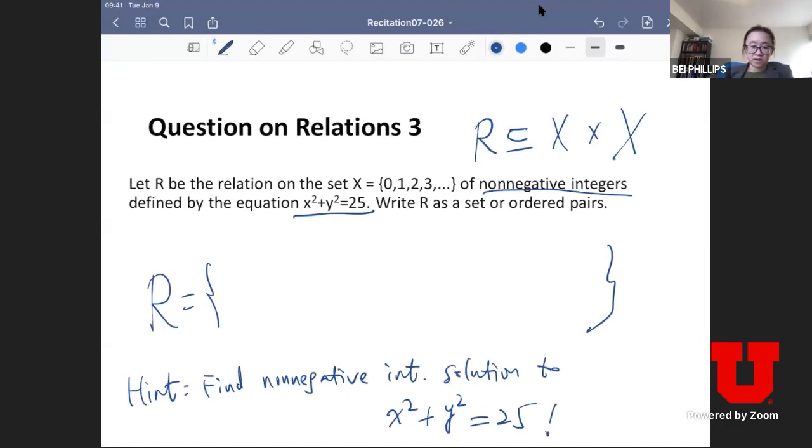I put a hint here. The hint is to try to find the non-negative integer solutions to this equation, because this equation describes the relation. Do I have a volunteer? What are the non-negative integer solutions to the equation x squared plus y squared is equal to 25?